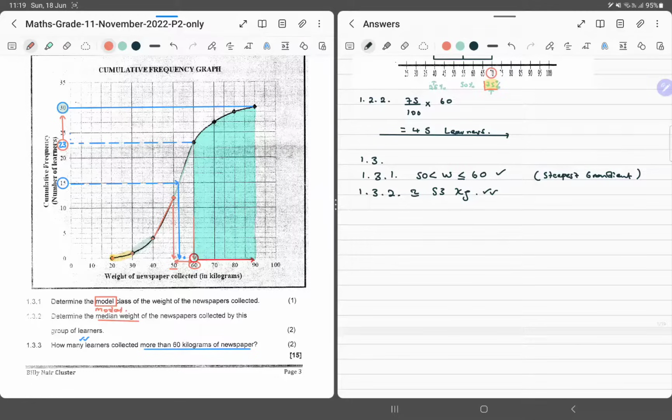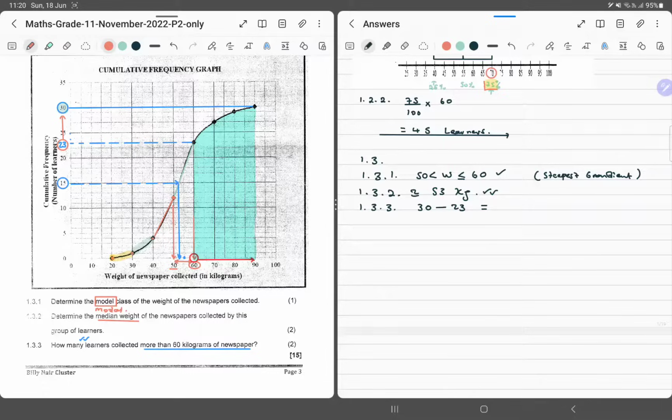So basically, for us to know how many students got that, we just need the number of students that was the difference between those two little points. So this is 1.3.3. So this is basically going to be 30 minus 23, which is going to be equal to how many? 30 minus 23 is 7, right?